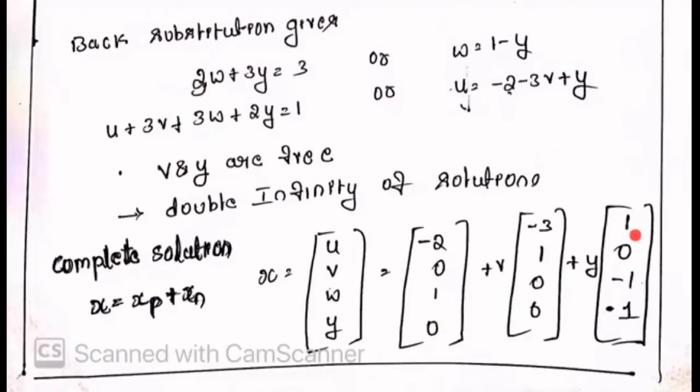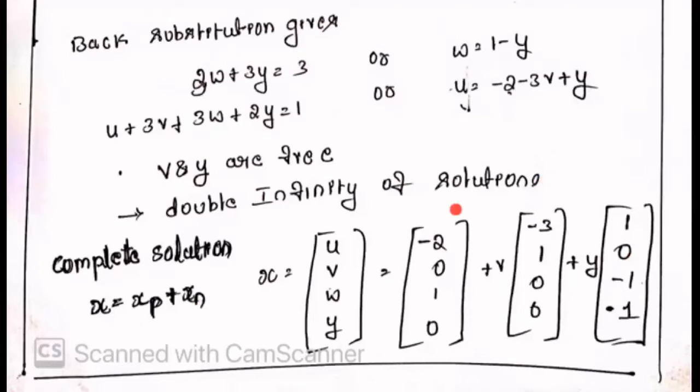In the previous problem, we got only these two; in this problem, we are getting this also. We already know these are the special solutions. Combining these two gives the null space, right? The combination of these two gives the null space. So that is x_n.